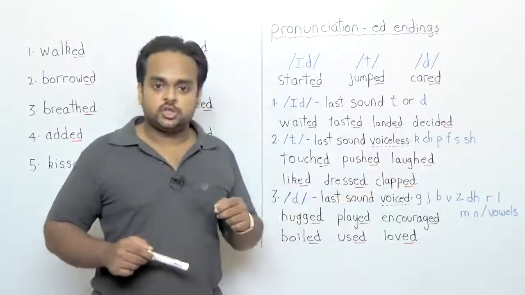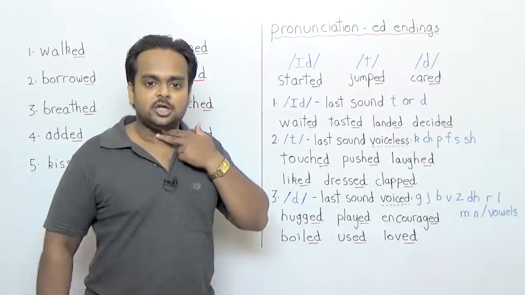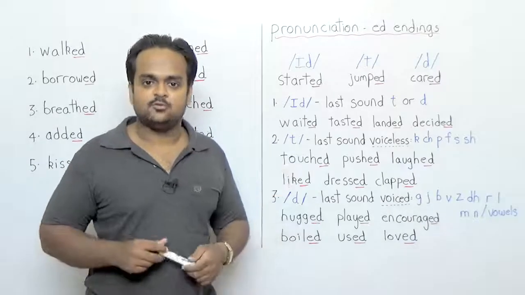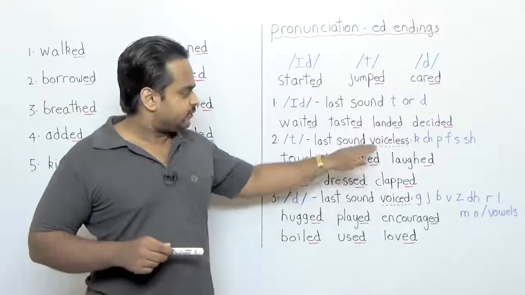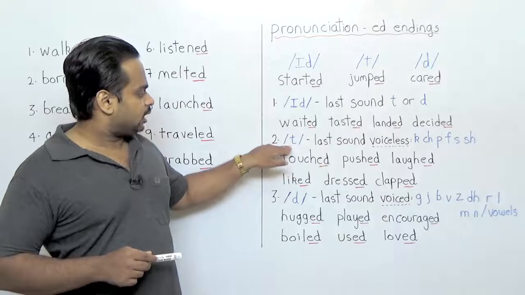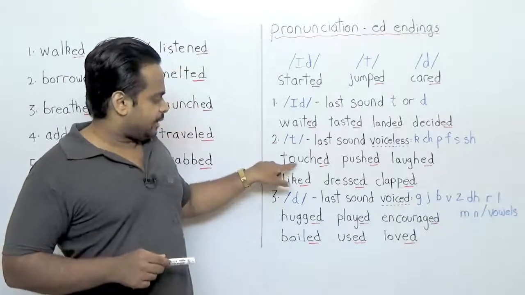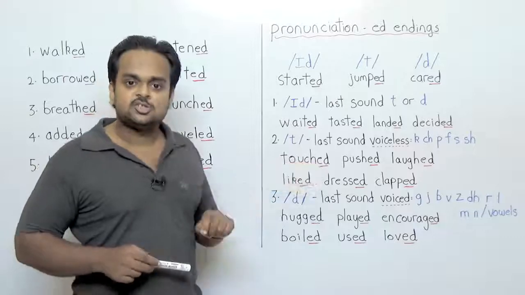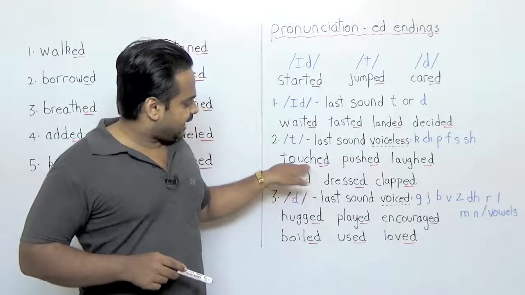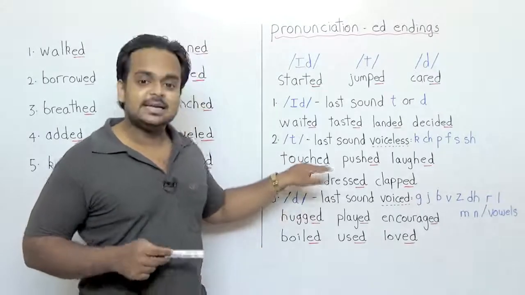Similarly, shh, like you're telling someone to be quiet. Shh, again, no voice. If the last sound in a word is voiceless, then the ed ending is pronounced t. For example, touched. The sound ch is voiceless, so touched, t.